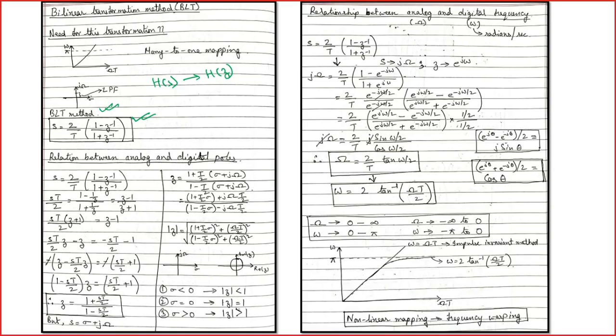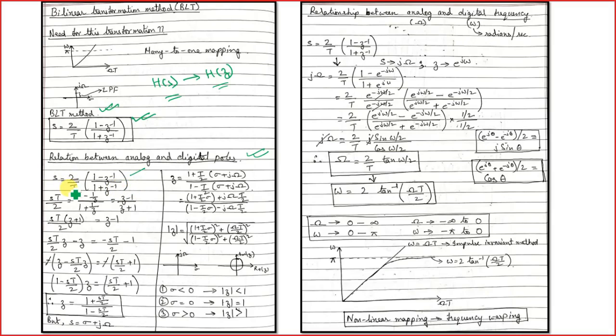Let's look into the relationship between the analog and the digital poles while we are transforming analog filters to digital filters using the bilinear transform method. Over here we have seen that s is being replaced with 2 by T times (1 minus z inverse) divided by (1 plus z inverse).